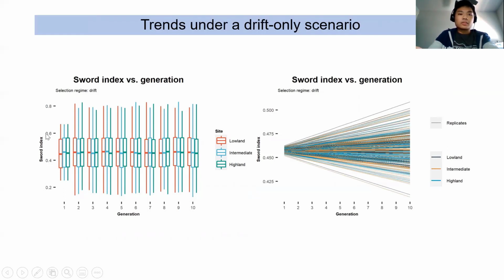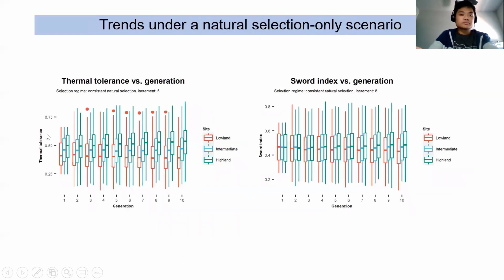Shifting from a drift-only scenario to one including just natural selection, we expect to see significant differentiation in our naturally selected thermal tolerance trait across dependent variables of both time or generation and site or population.